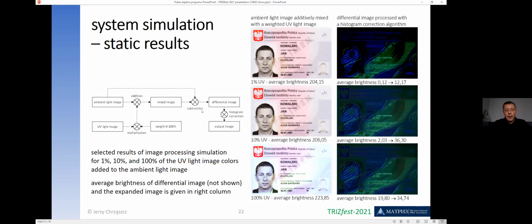And then we subtract the original image from the result and obtain a differential image, and we apply histogram correction to this image. As you can see in the results, the images obtained for 1, 10, and 100% of UV share added are visually pretty similar to each other, despite the UV shares differing by 2 orders of magnitude. This is the power of histogram correction.